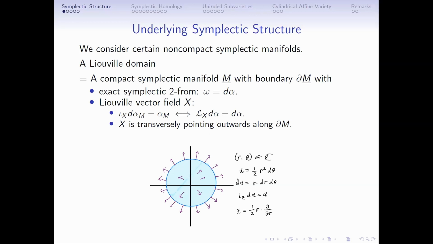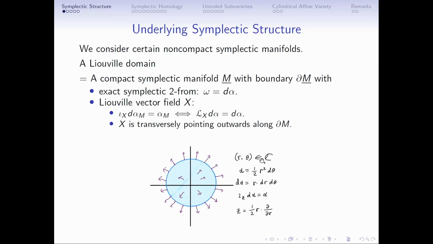The boundary has a contact structure. The one-form alpha restricted to the boundary gives a contact form, and restricting to the tangent space of the boundary gives a contact structure on the boundary.